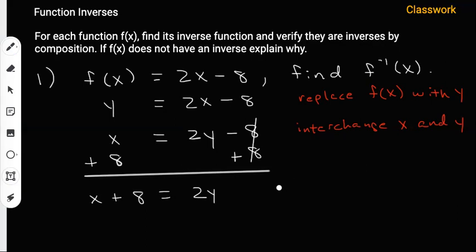Okay, so now the only thing I have left to do is to get rid of this 2 that's out in front. How can I do that? I'm going to divide both sides by 2. So when I do that, the 2's cancel out, and I'm left with y is equal to x plus 8 over 2.